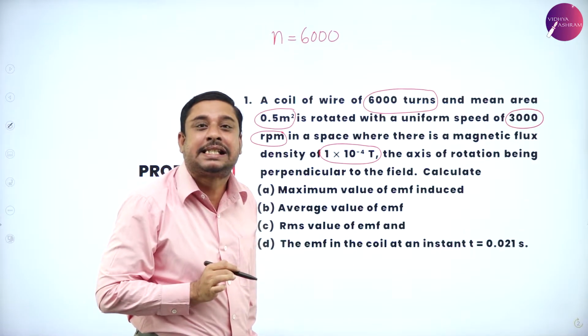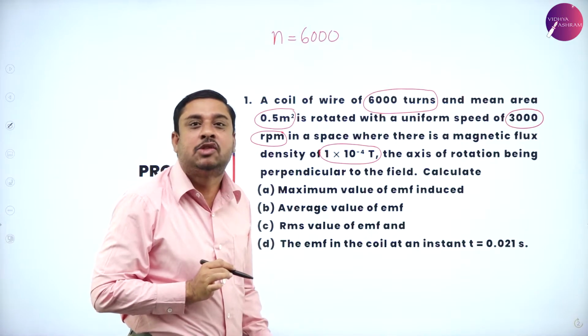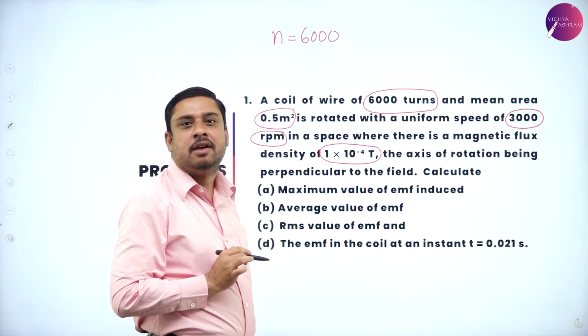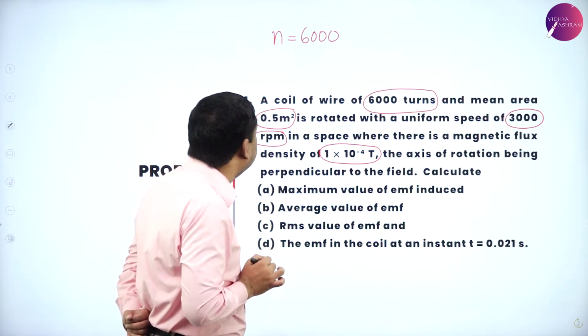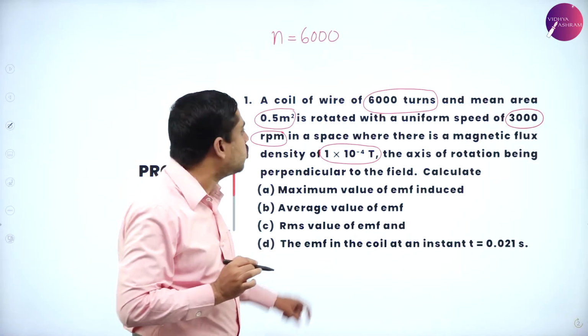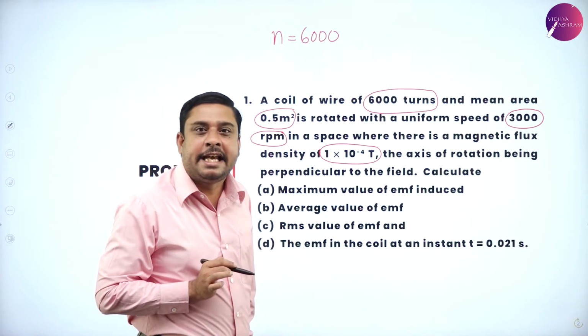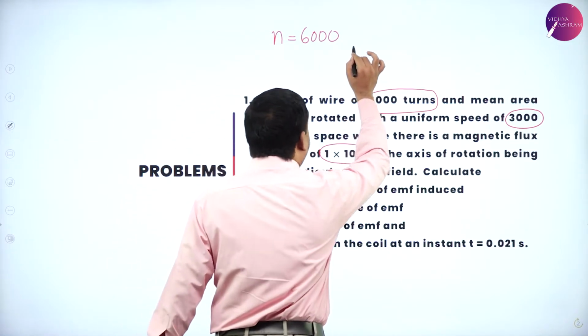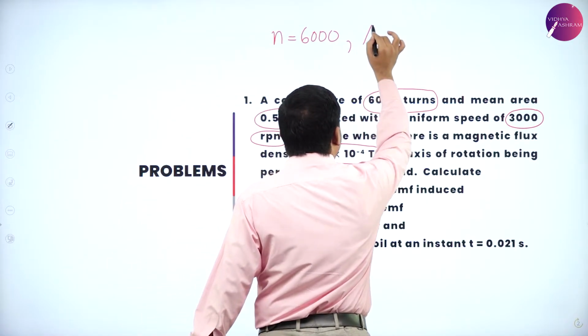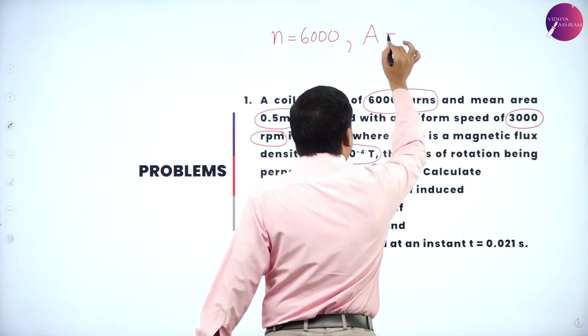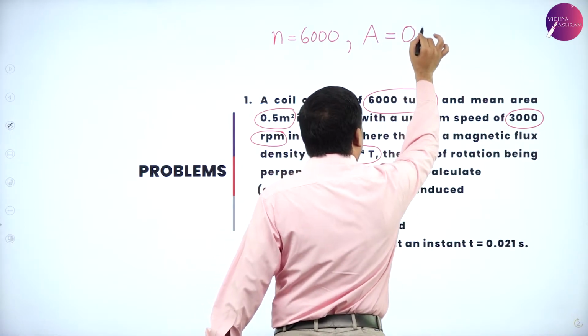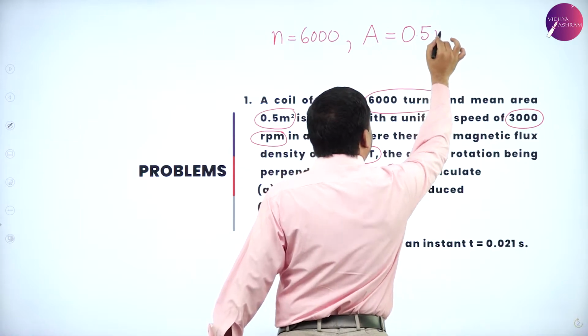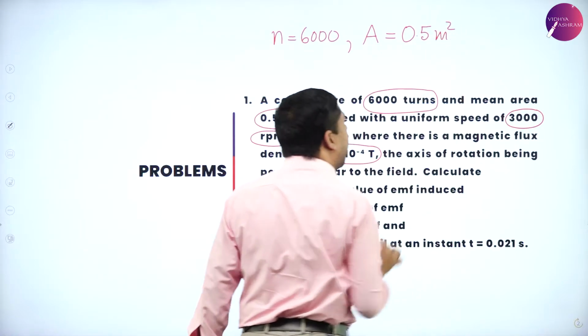So 6,000 turns of wire. So number of turns is 6,000 and area 0.5 meter square. So here area equals 0.5 meter square.